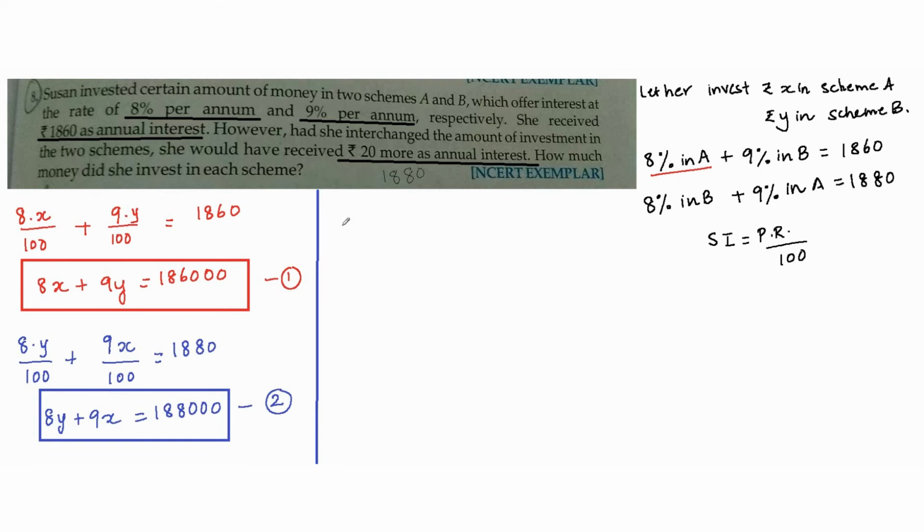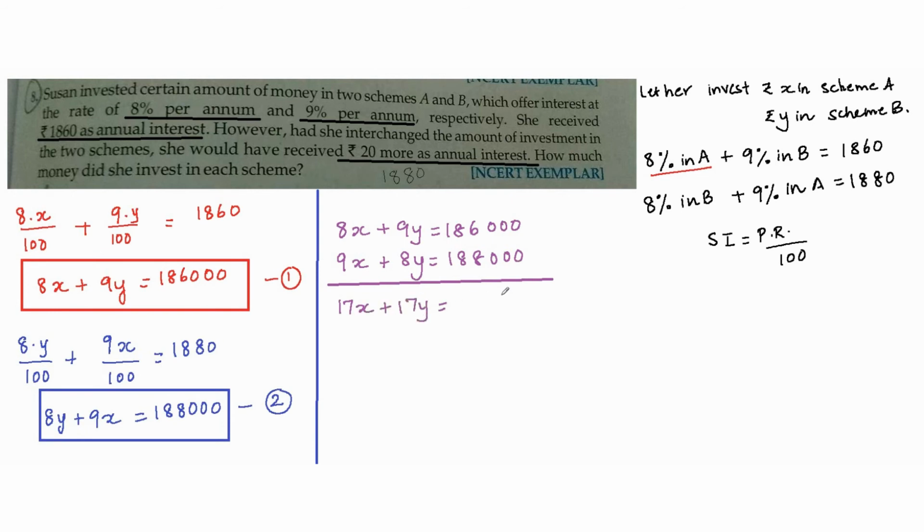So let us write the two equations first. 8x plus 9y is 186,000 and 9x plus 8y is 188,000. Let us add these two equations. So when I add these two equations, I basically get 17x plus 17y is equal to 374,000.